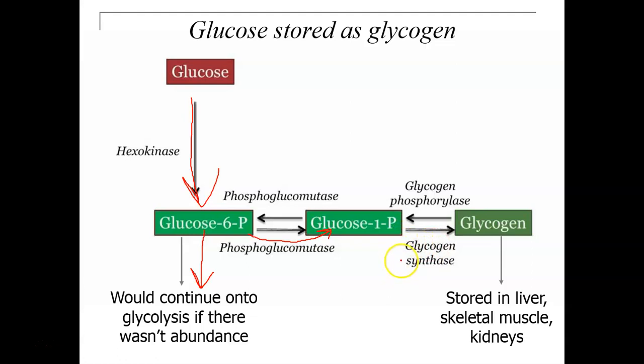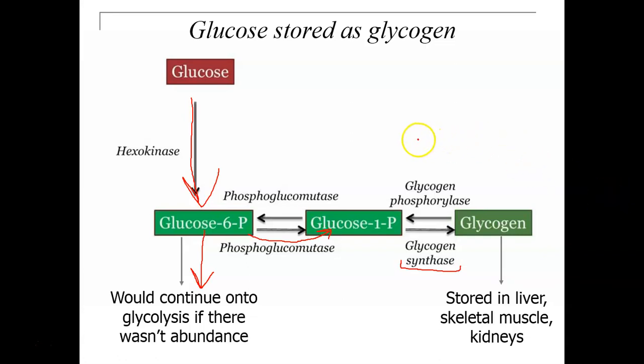Glycogen synthase is the synthesis of glycogen, where glycogen is then stored in the liver, skeletal muscle, and kidneys, predominantly the liver and skeletal muscle, a little bit in the kidneys. In the same token, we can also convert that glycogen back into glucose 1-phosphate, back into glucose 6-phosphate, then back into glucose itself.